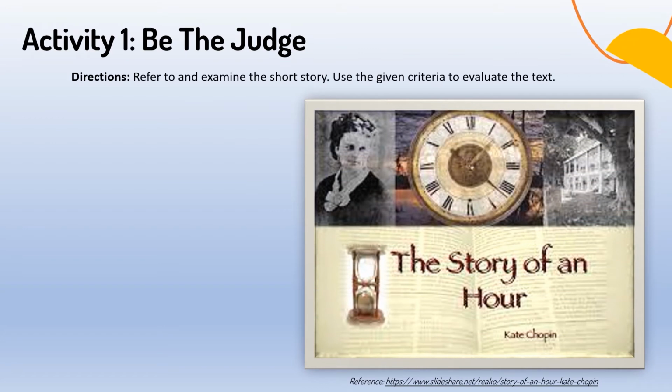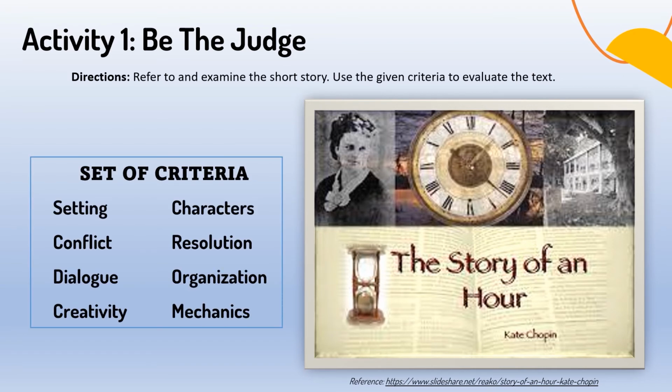And the title of the text is The Story of an Hour by Kate Chopin. And here is a set of criteria that you need to evaluate. So that includes the setting, conflict, dialogue, creativity, characters, resolution, organization, and mechanics.